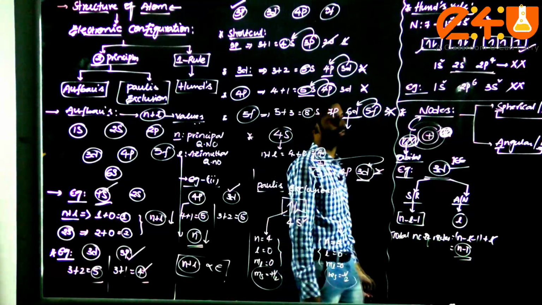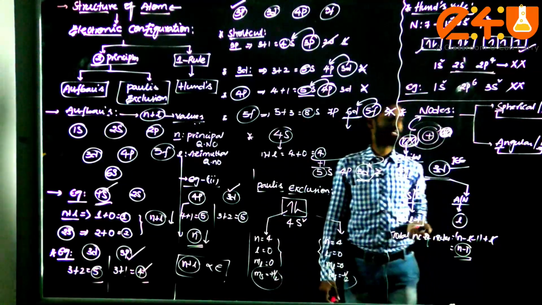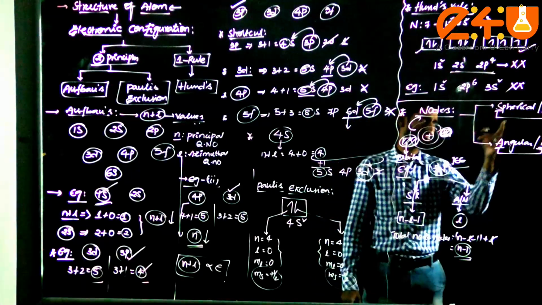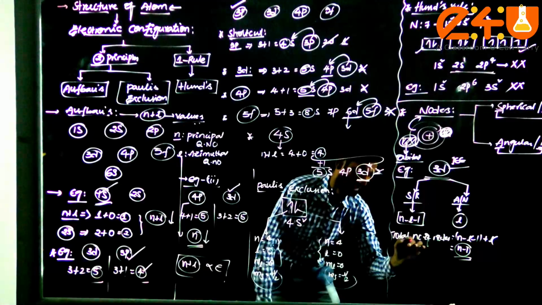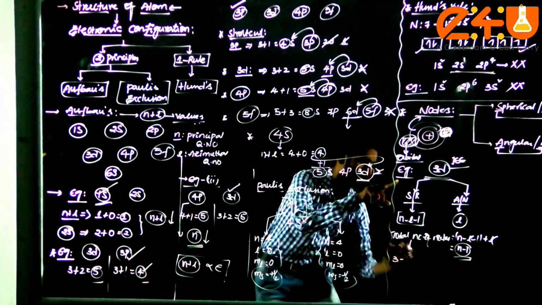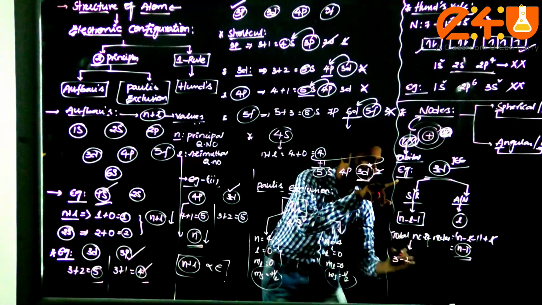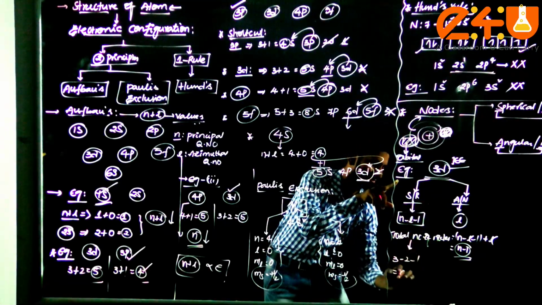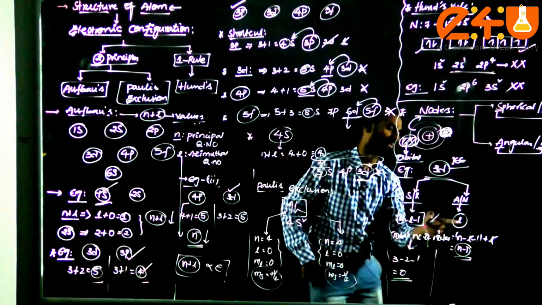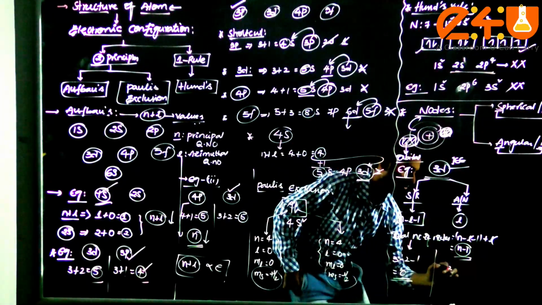Now, what is my question? How many spherical as well as angular nodes for a 3d orbital? Let me calculate here itself, my dears. n minus l minus 1: n value 3, minus l value for d orbital 2, minus 1, total is 0. Next, angular nodes: l value for d orbital is equal to 2.